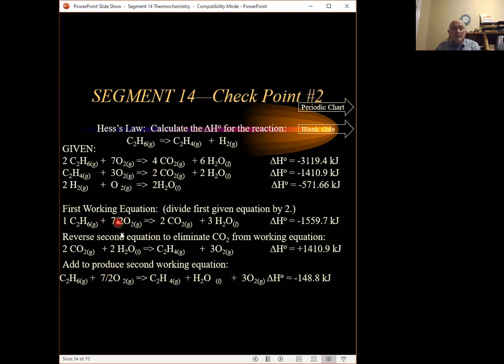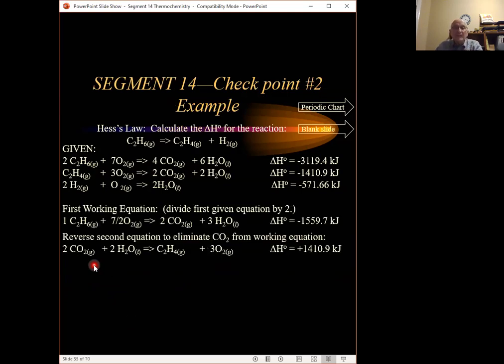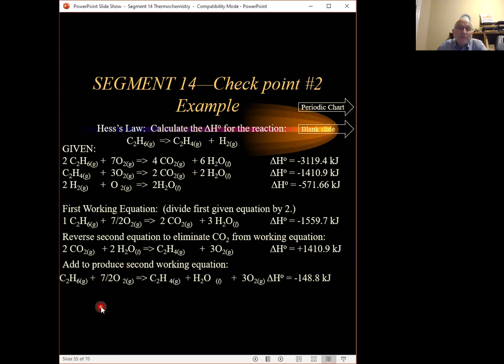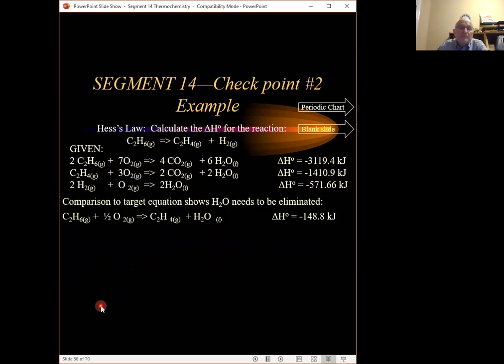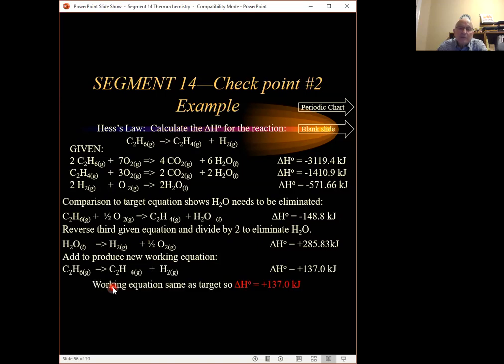So I want to get rid of the O2, and I'm going to do that by taking the third equation and adding that to this one. So if I reverse the third equation, divide by 2, then I've got this equation. Now add those, that's going to be good when I put those together. The working equation now is this number plus this number, and so we got it.